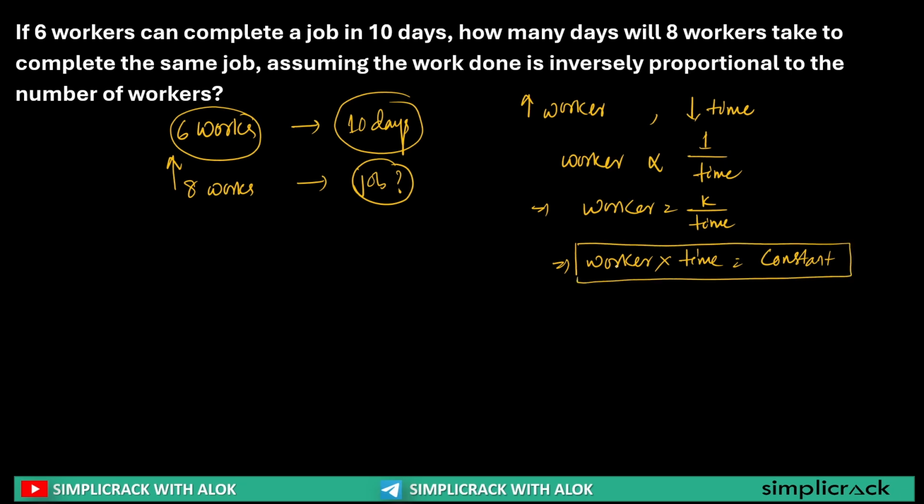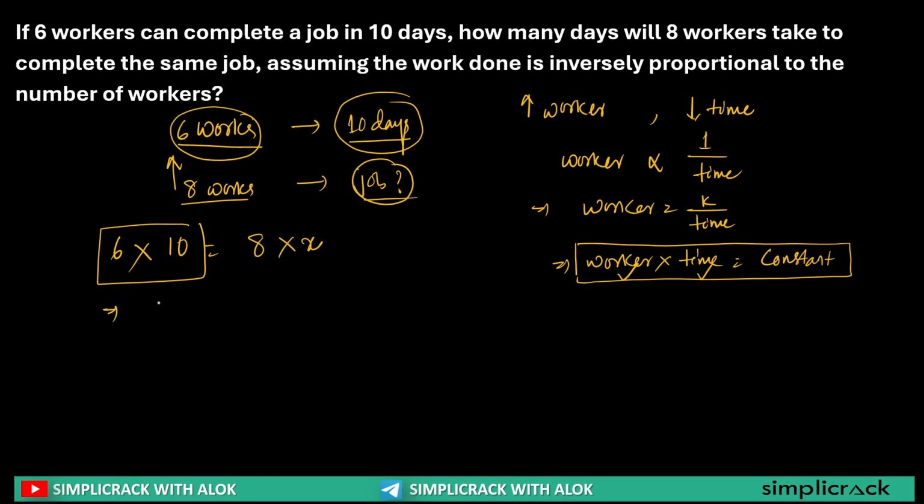Yes, sir. So the number of workers into the time they take will always be a constant. So I can write 6 workers taking 10 days, this constant, will be equal to 8 workers taking X days, because you do not know how much time they will take.